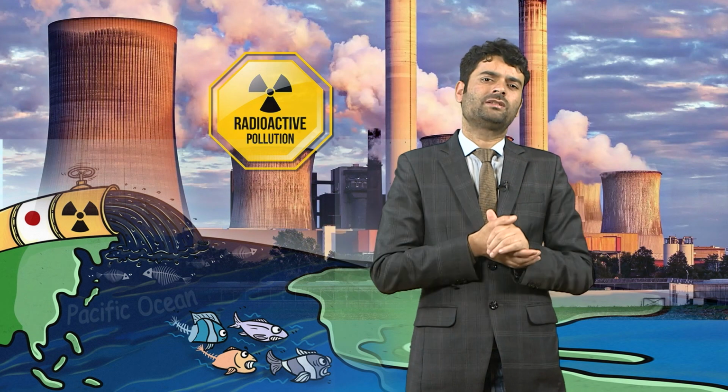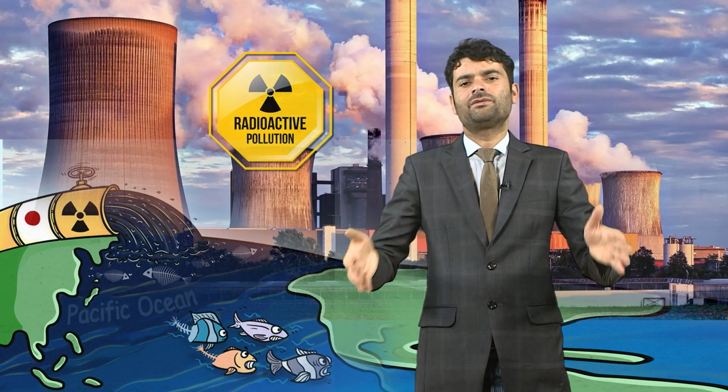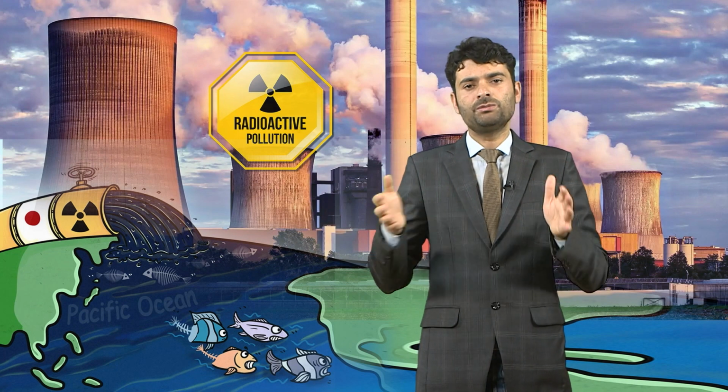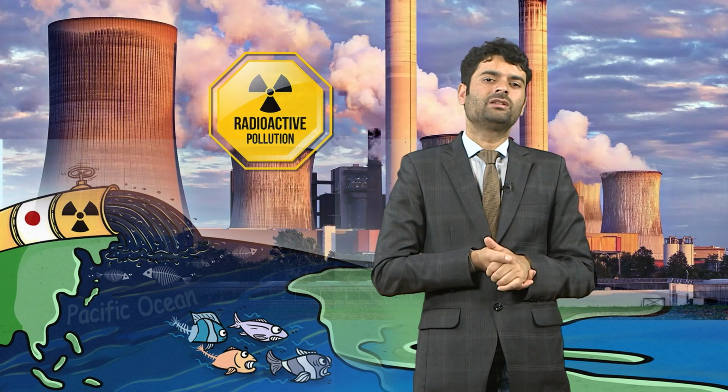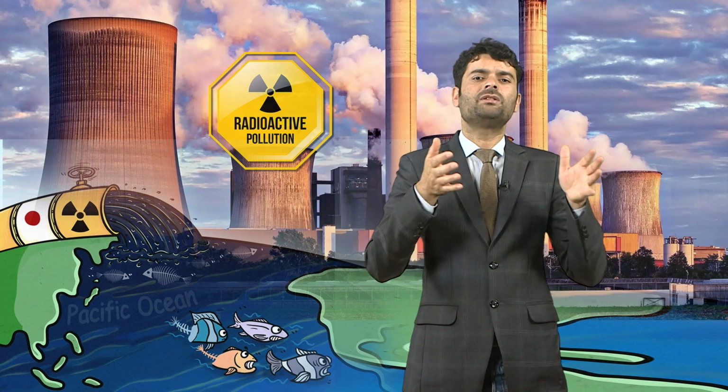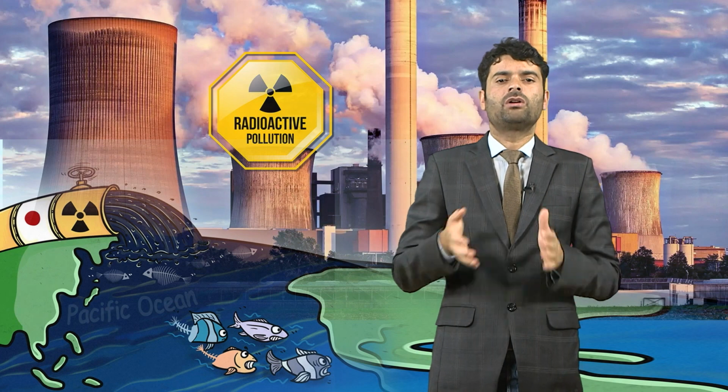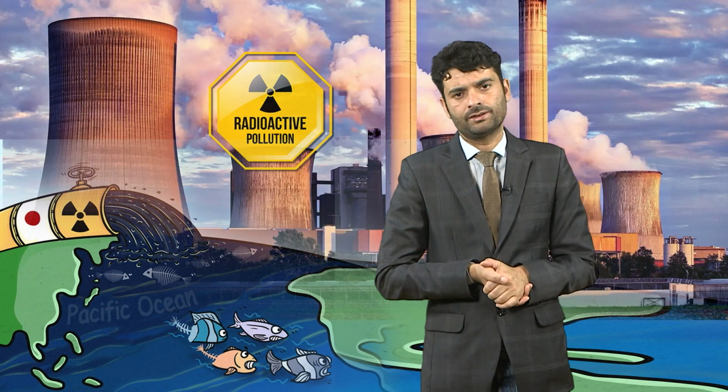Low level waste from power plants and other facilities, including hospitals and laboratories, is hazardous for about 300 years, and high level wastes can be dangerous for tens of thousands of years.